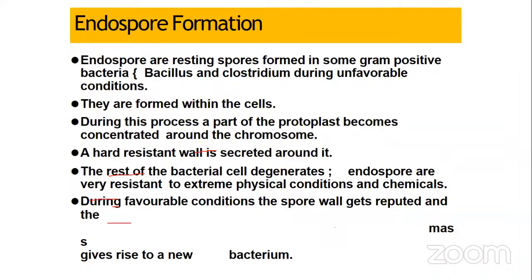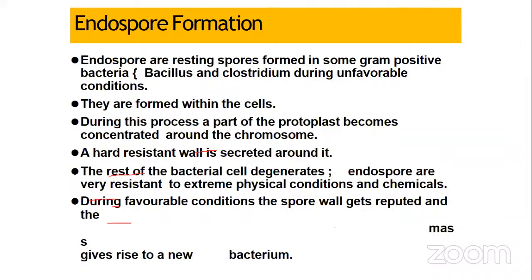Another reproduction type is endospore formation, which is asexual reproduction. Binary fission is a vegetative method, because the entire bacterial body divides into two. And in the asexual method, there is endospore formation.